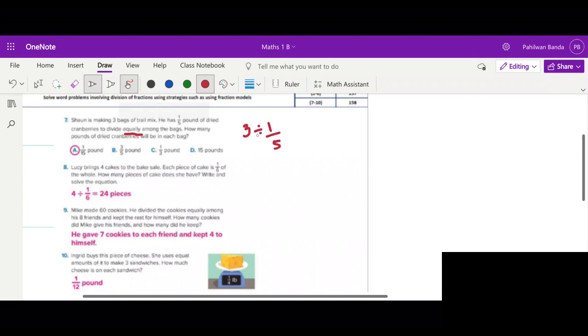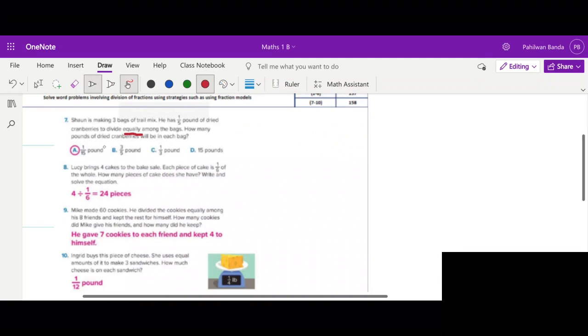That means a whole number is being divided by a unit fraction. So this is 3 times the denominator of the unit fraction, which is 15. No, it's not 15, one moment, sorry. We'll do this question again.